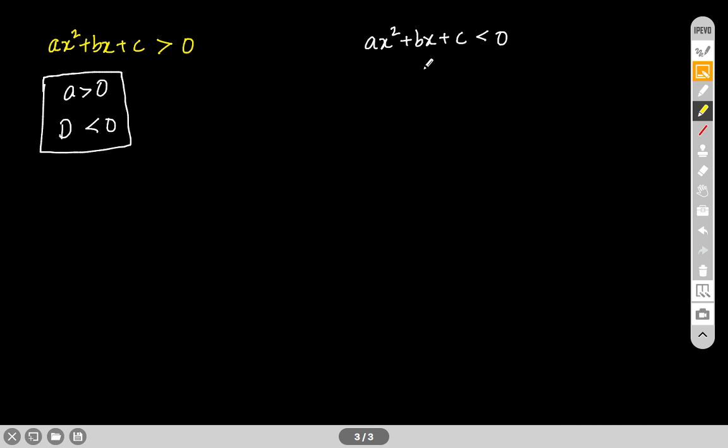A should be lesser than 0, that is for sure. Now, D is lesser than 0, that means it's not touching, it doesn't have any real roots, right? That should be true. Yes, D should be less than 0. Correct.